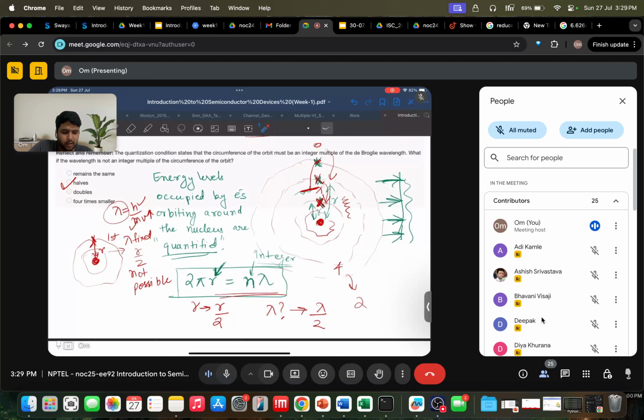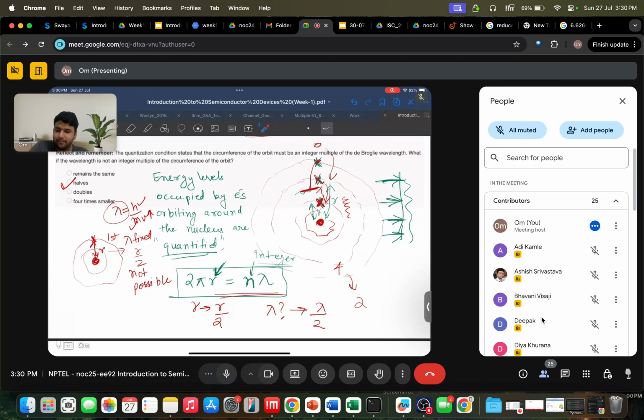For it to fall into the nucleus is quantum mechanically not allowed. There is no classical analogy for why it does not fall. Maybe you can think of centripetal force, but that is actually not true. It's something in quantum mechanics and cannot be explained by classical physics.